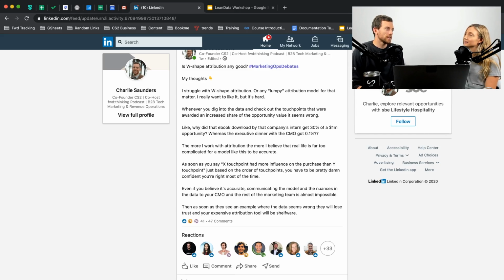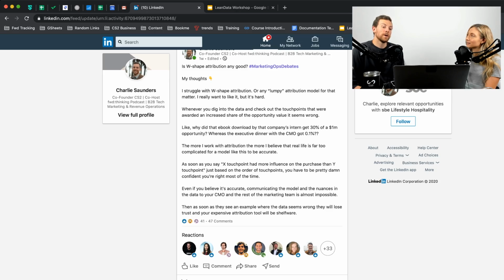Right. And I think the order of touch points doesn't really mean anything. There's more than one person that can be put into that order. So if you have a few different contacts, that order goes out the window, because there could be different touch points from different people along the way that might be fighting for the attribution.